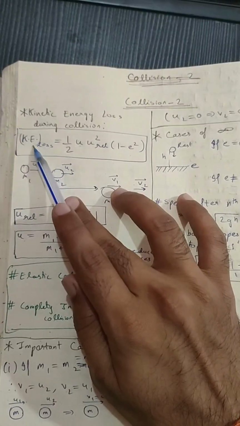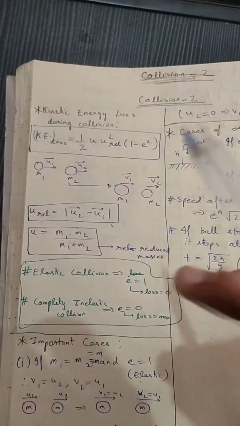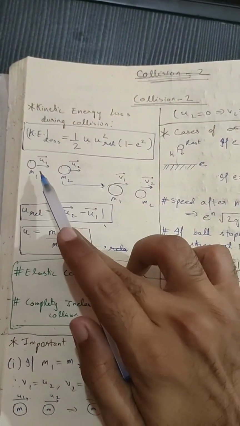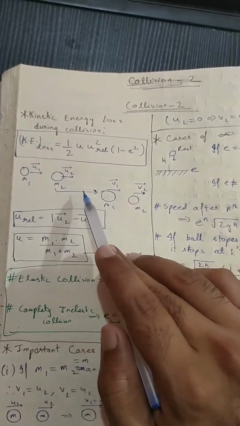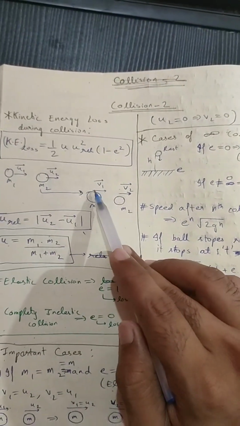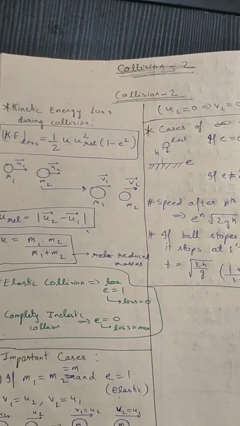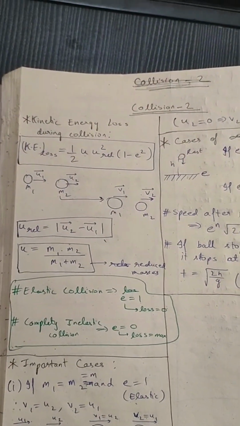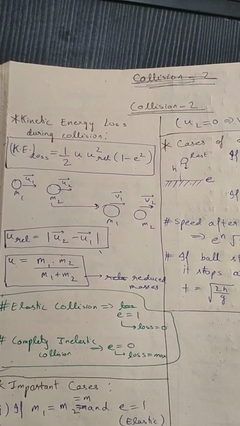So the kinetic energy loss during the collision is like, let's say two balls collide which have masses m1 and m2, velocity u1 and u2. So when they collide, after the collision their values of velocity will obviously change, which will be v1 and v2. So there will obviously be a loss in kinetic energy in the overall system.